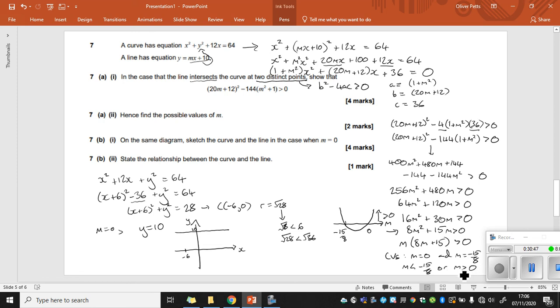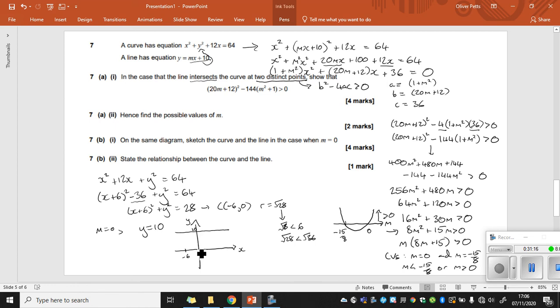Now, when m is equal to 0, that is a critical point, which means we're no longer going to have two intersections, but it's on the fringe, going from two intersections to no intersections. When m equals 0 as a critical point, that is going to be when we have exactly one intersection between the two. And for exactly one intersection, that means that our line is going to act as a tangent to our circle.